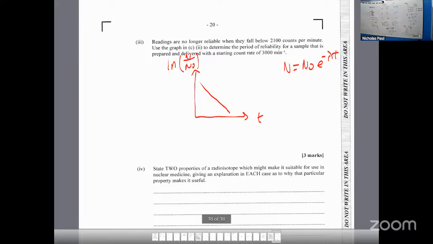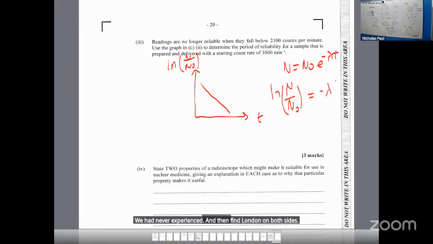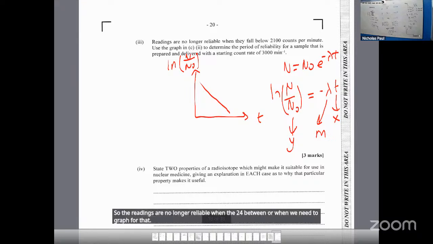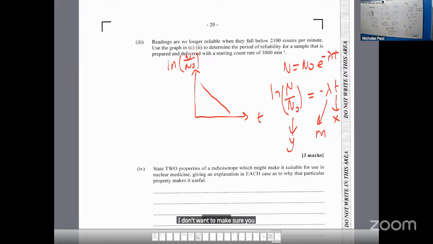Without looking at your book, you take ln on both sides, and you have it there. This is your y-axis, this is your x-axis. So your gradient is minus lambda. Remember that, please. I want to make sure you know what the gradient represents.